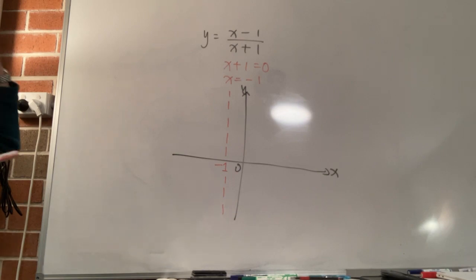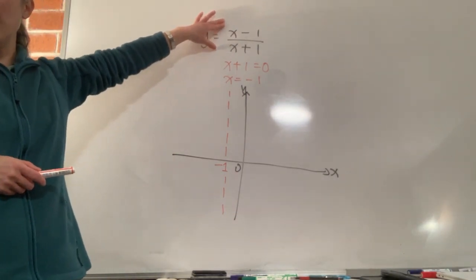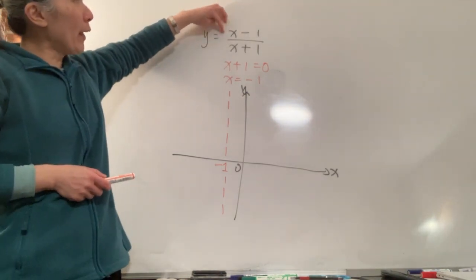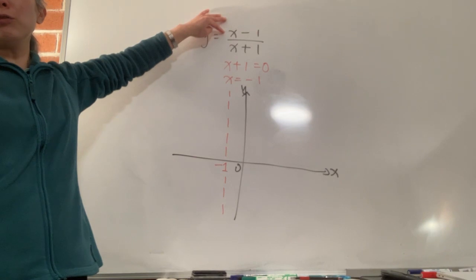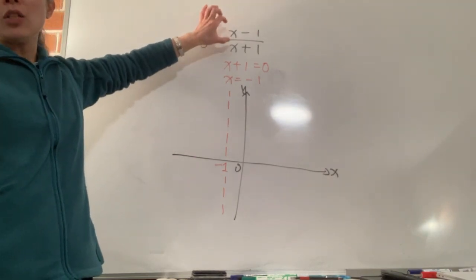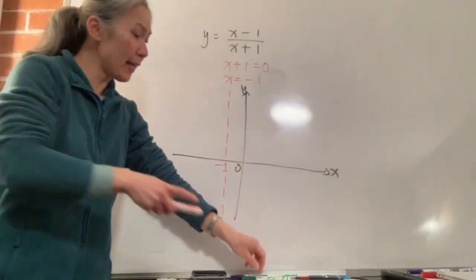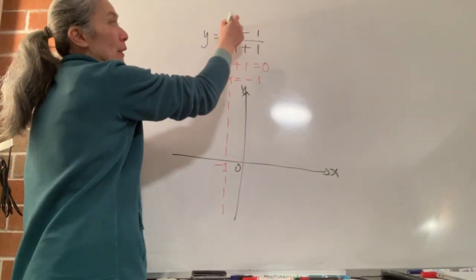Okay, if you look at this equation, it's very different from the one you had before. The one you had before, look at the top, they never have x. You only have a number. You can have 2, 3, 4, 5, or any number, never x. So if you have x, to find the horizontal asymptote, what's the number in front of x? If there's nothing, it means 1.